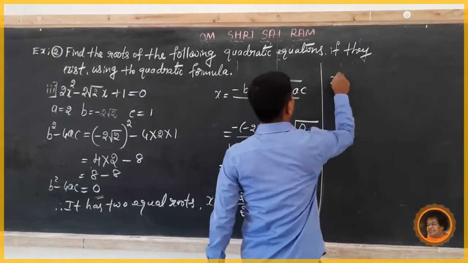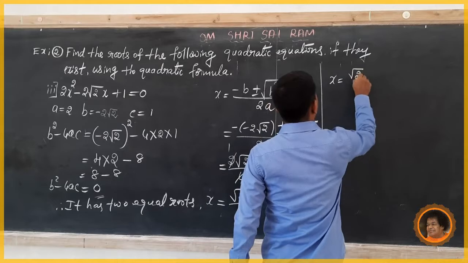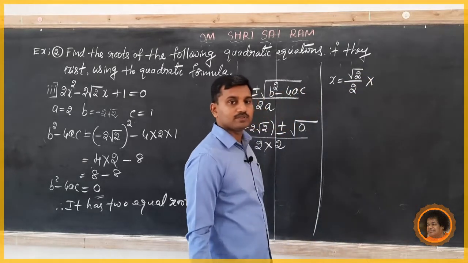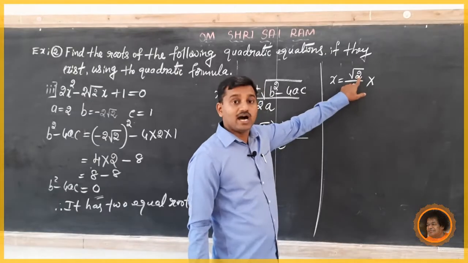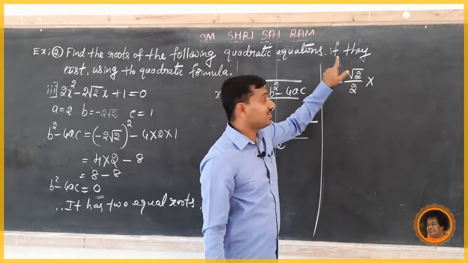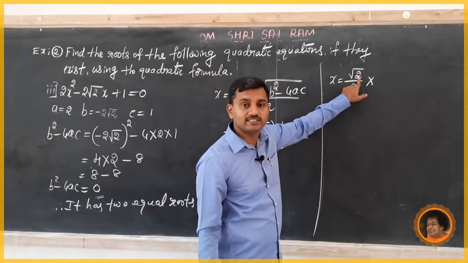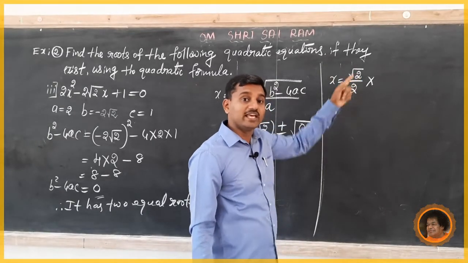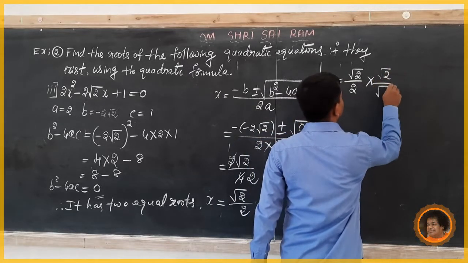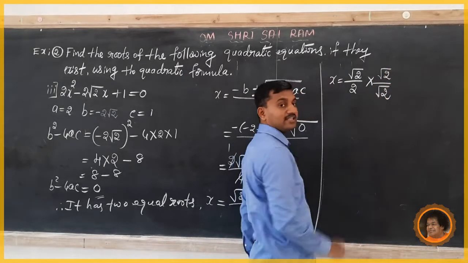So x equal to root 2 divided by 2. Multiply by the RF, which means the rationalizing factor of the numerator. What is the rationalizing factor of the numerator? Root 2. So the RF is root 2 itself. So root 2 divided by root 2. You already studied this in 9th standard.